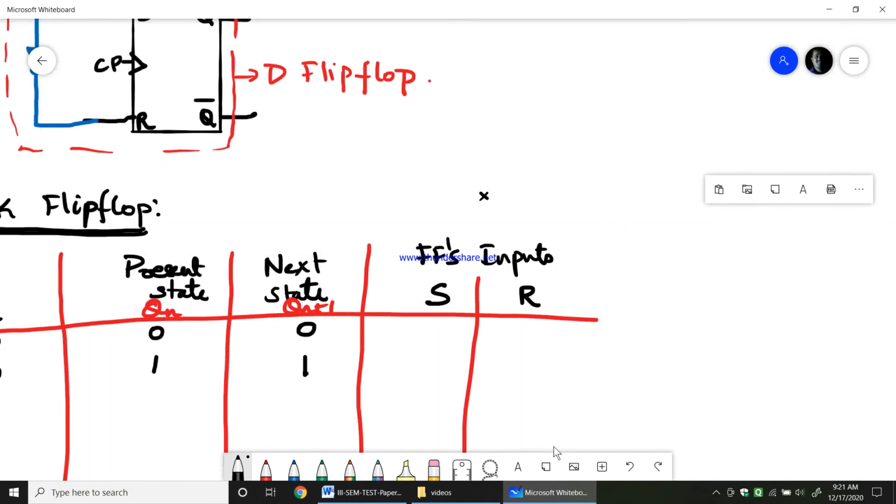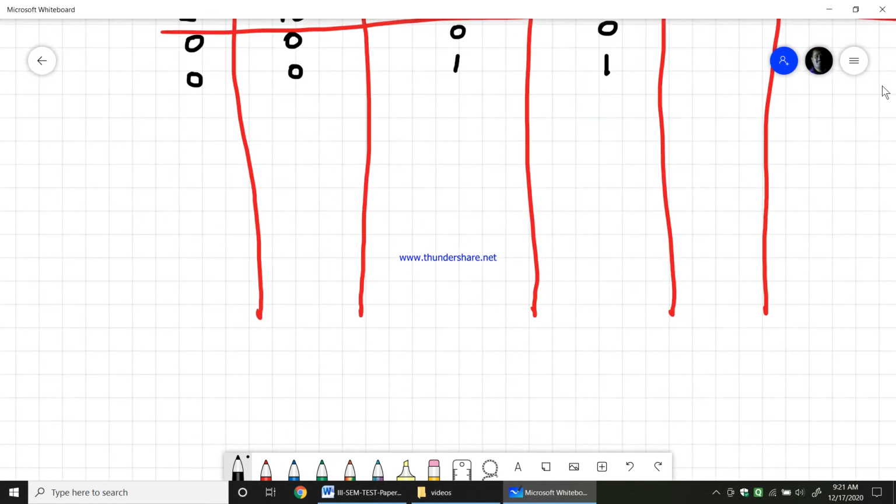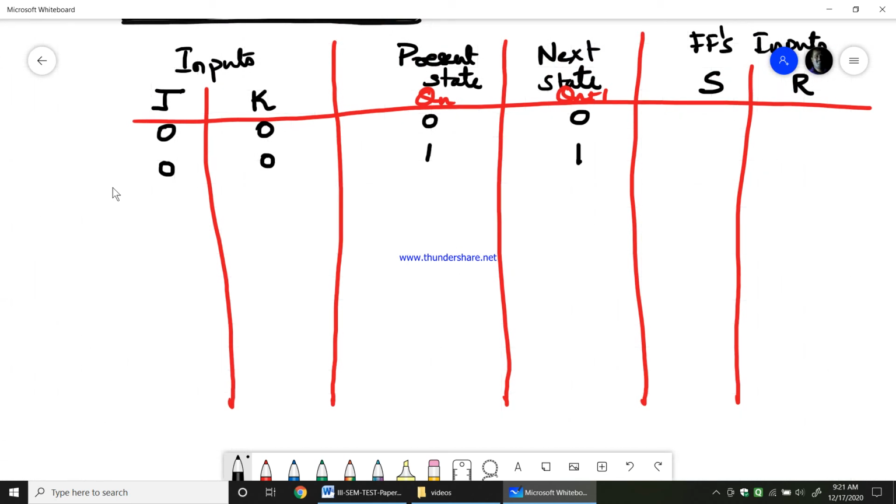So we are just expanding the JK term. So 0, 0, 0, 0. Similarly 0, 1, 0, 1. If you see, you get all of this repeated: 0, 0 twice, 0, 1 twice, 1, 0 twice, and 1, 1 also twice. Now when JK is 0, 1, we see present state is 0, next state is also 0.